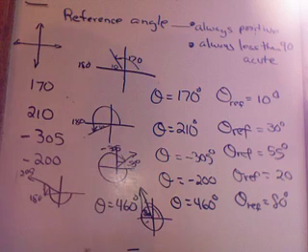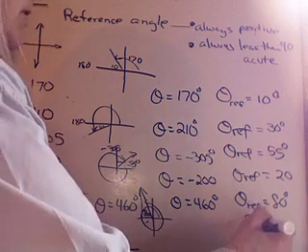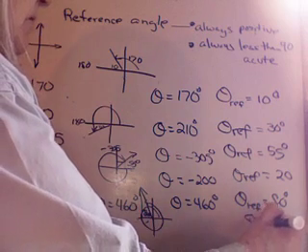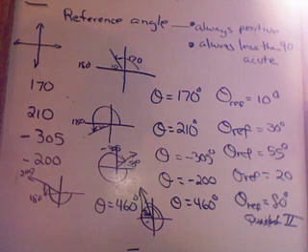Some of you might be able to do this without the sketches. I recommend doing the sketches. It just makes more sense. It also helps you figure out what quadrant they're in, because sometimes I want to know what quadrant they're in. What quadrant is this angle in? Quadrant number 2. And remember, we named them by Roman numerals.